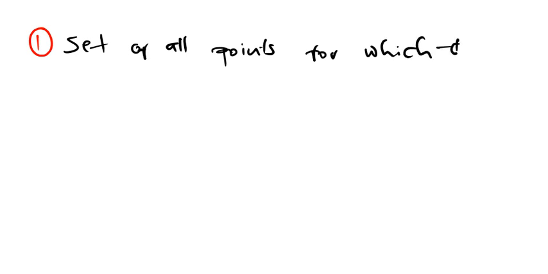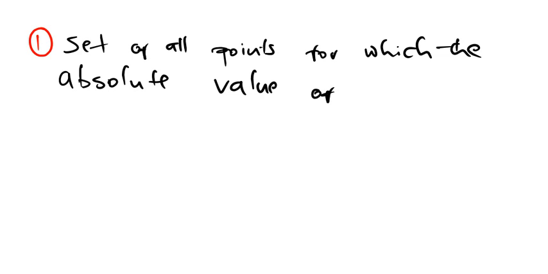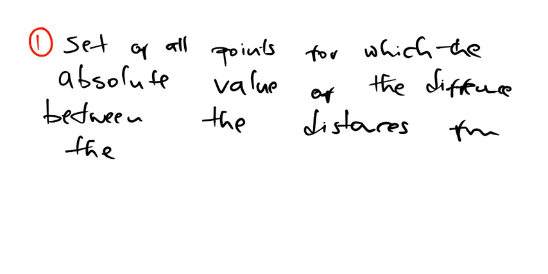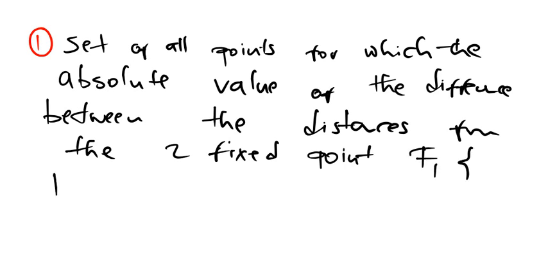This is just describing what I've already explained. The set of all points for which the absolute value of the difference between the distances from the two fixed points F1 and F2, which can be called the foci, is a constant.